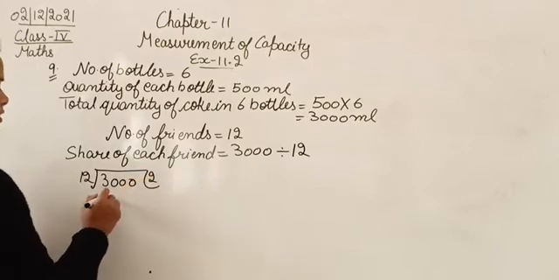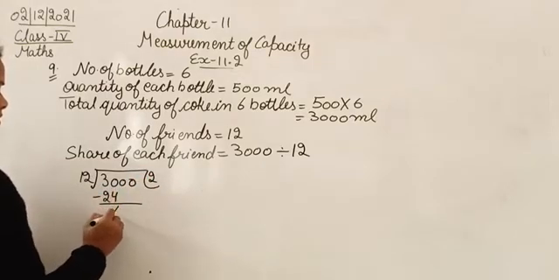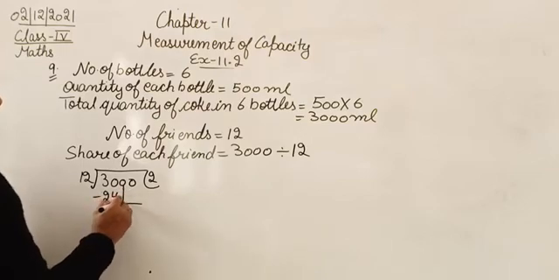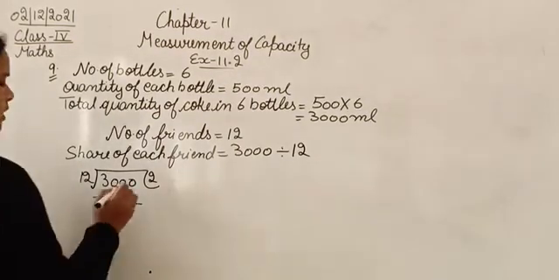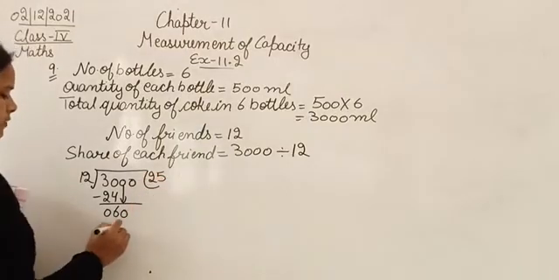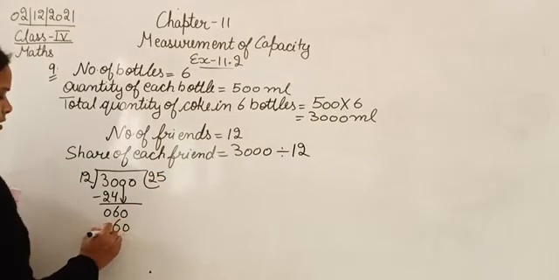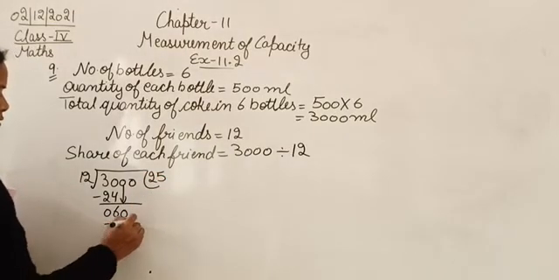12 twos are 24. This is 6, 0. Bring down 0. Now the number is 60. 12 fives are 60. 60 minus 60 is 0.